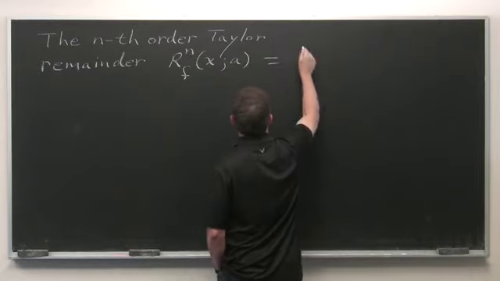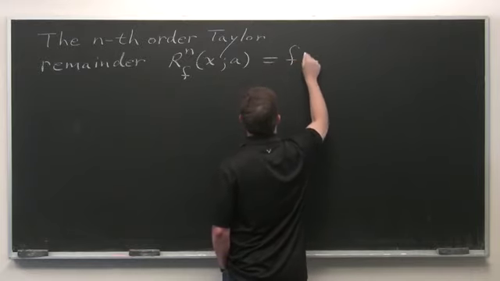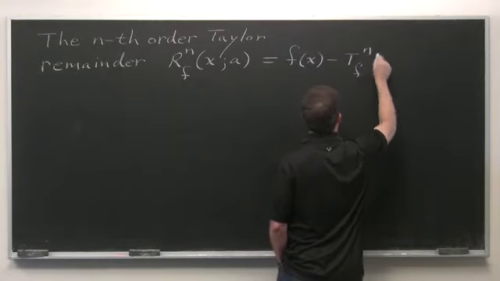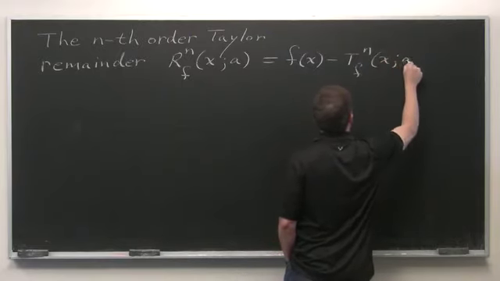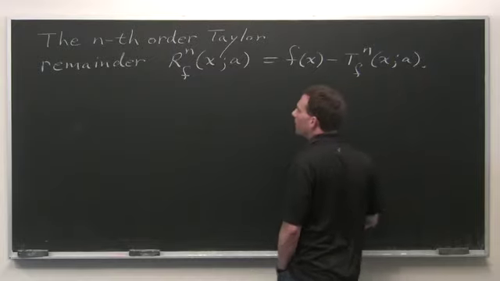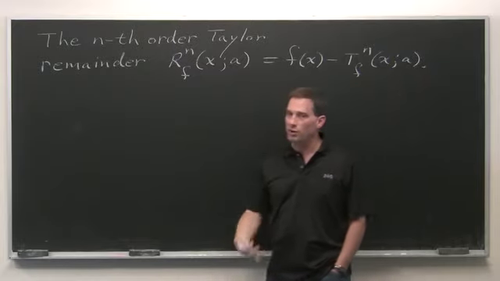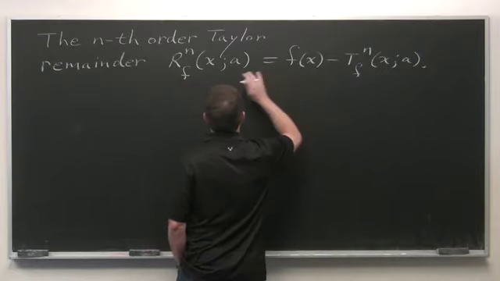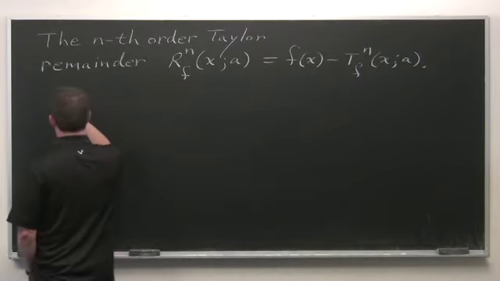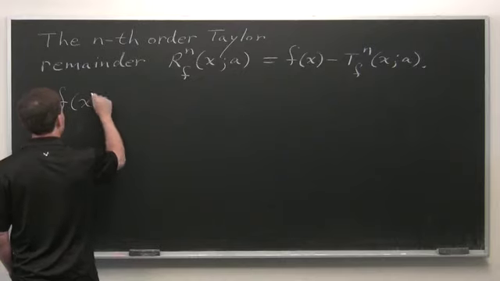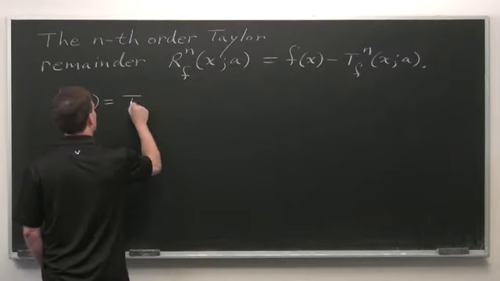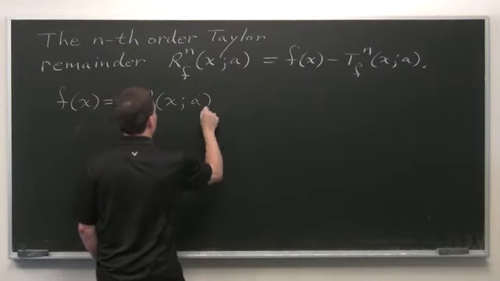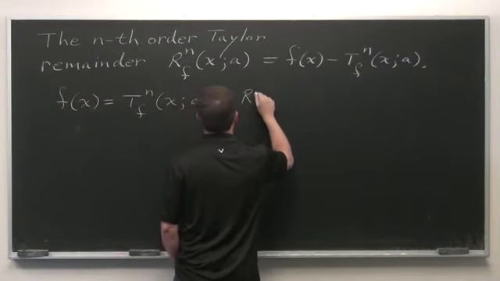This is, by definition, the value of the function minus the value of the nth order Taylor polynomial for f centered at a. So this is just our definition of the remainder. If you put this over here, well, actually I'll write the f of x on the left because it looks more aesthetically pleasing to me that way. This is just saying that f of x is the nth order Taylor polynomial plus the remainder.